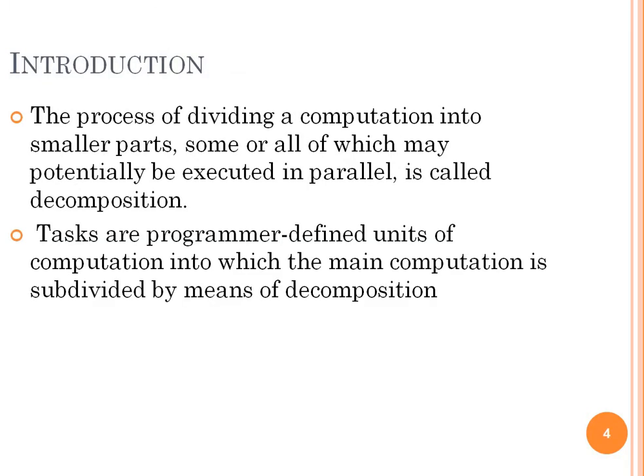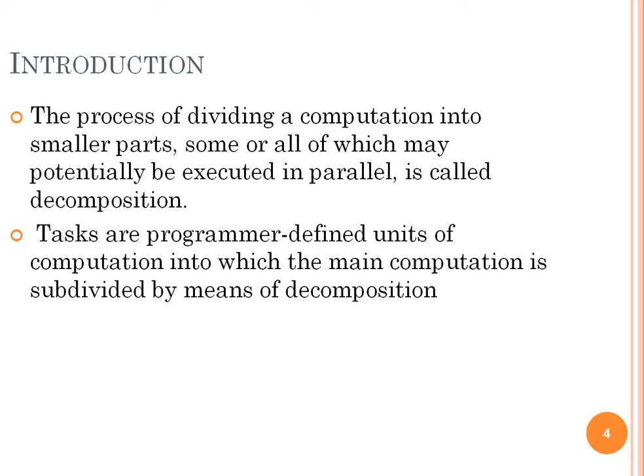Let's start with introduction part. So first we'll see definition of decomposition. The process of dividing a computation into smaller part, some or all of which may potentially be executed in parallel, is called decomposition. That means entire task will be divided into number of subtasks is called as decomposition.